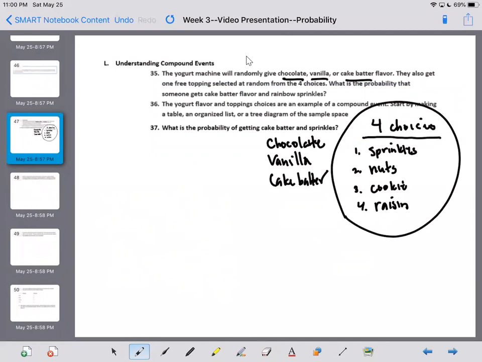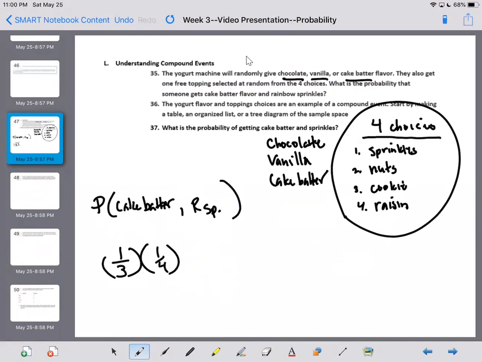What's the probability that someone would get cake batter flavor and rainbow sprinkles? Cake batter is going to be 1 out of 3. The sprinkles is 1 out of 4. So what you're going to do is multiply these probabilities to get 1/12 chance.